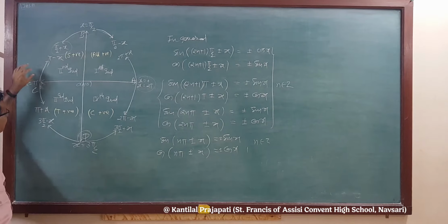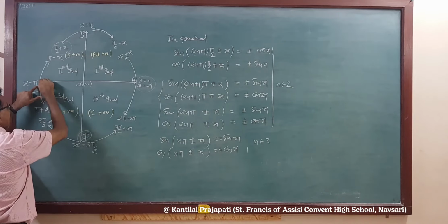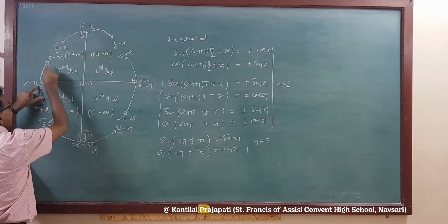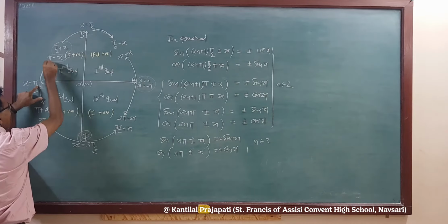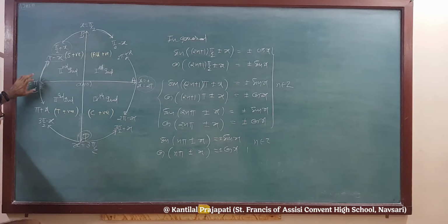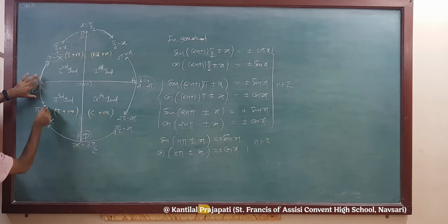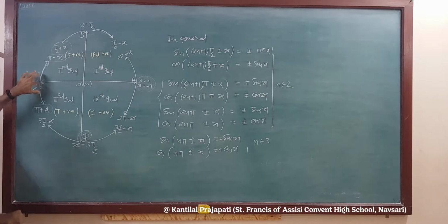Similarly here, from point C, that is at x equal to π, we move in a clockwise direction. Clockwise direction is negative, so you get π minus x. And from this point we move into the third quadrant, that is in an anti-clockwise direction, and you get π plus x.